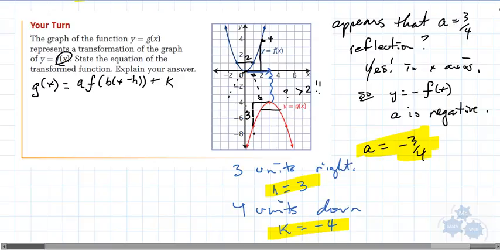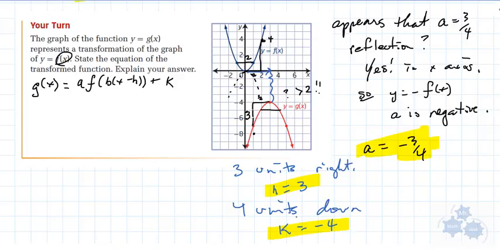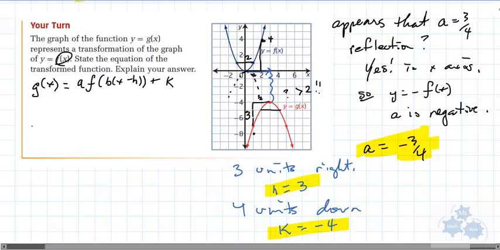As you check here, this is what I've got so far. Does anyone have the same parameters? You had different parameters? Okay. So what is the actual equation once we put this all together? It appears that I've got -3/4 times f of, I don't have a b value because I did a stretch. We'll graph this to see if we're missing anything.